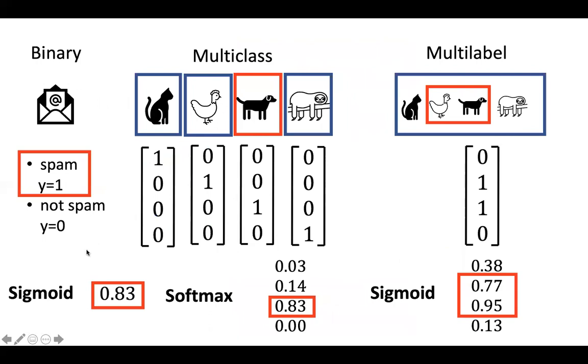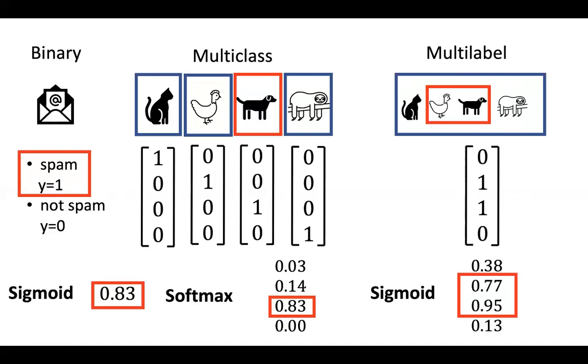So how do we interpret the output of the sigmoid or softmax function, and with which kind of classification problem do we use which activation function? It's quite logical that for the binary classification problem we use the sigmoid activation function, and we interpret the output of the sigmoid function as the probability of belonging to a certain class.